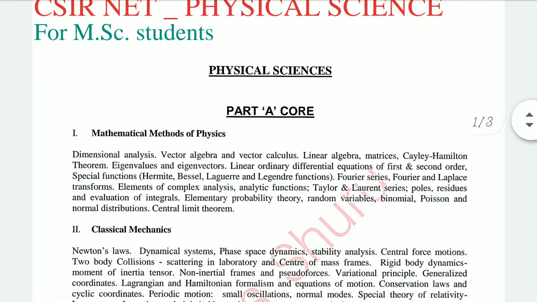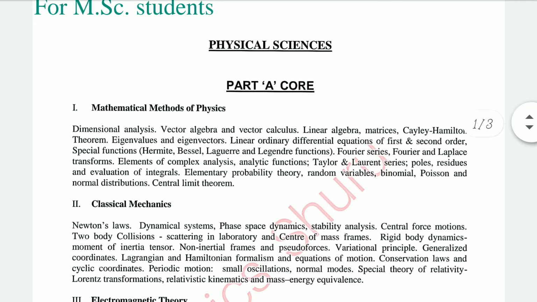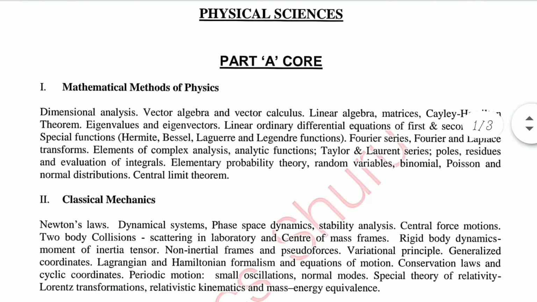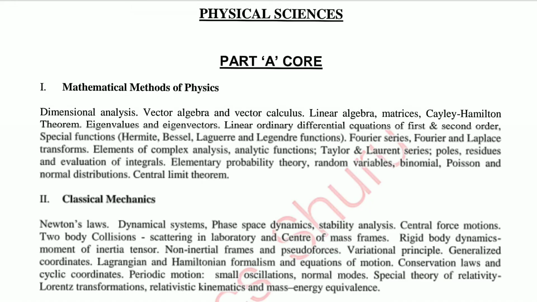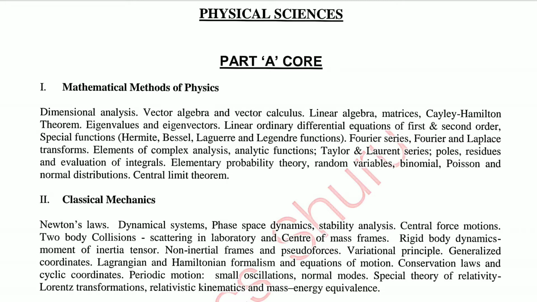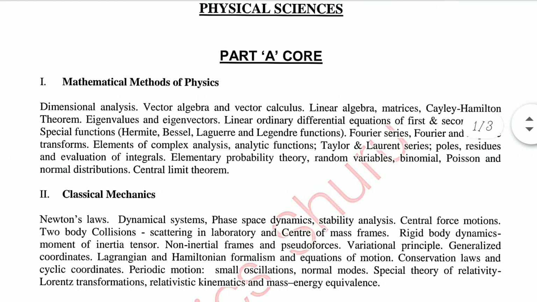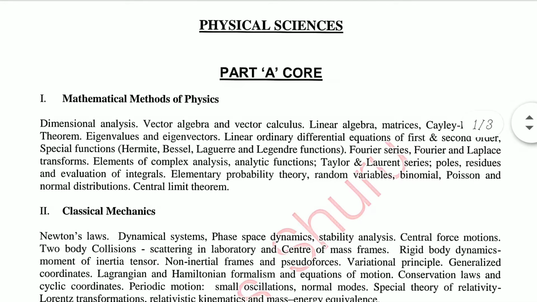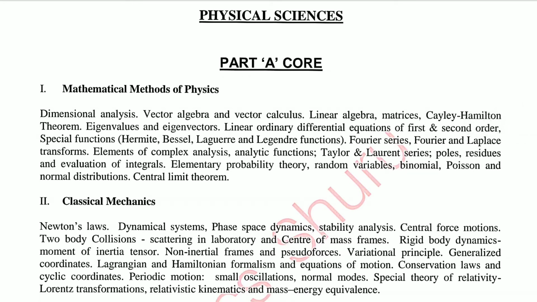Here you have to notice the first unit, mathematical methods of physics. If you like to write down this whole syllabus in your notebook, please write, or otherwise you have to download this PDF from the official website of CSIR UGC. Okay, so let us start.